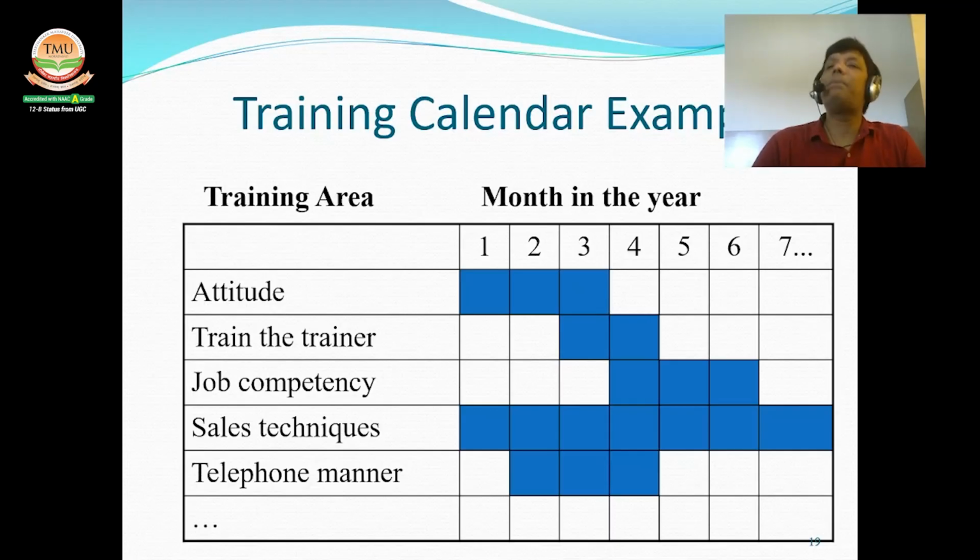In this manner we can plan the month in which we can have training for each area. This is called a training calendar, and it should be maintained, because then the organization has a record of which areas we have trained our employees on. If you are not maintaining such a calendar, a problem can occur: which areas are left, which areas are to be covered through training. So in this manner, a training calendar can be prepared.